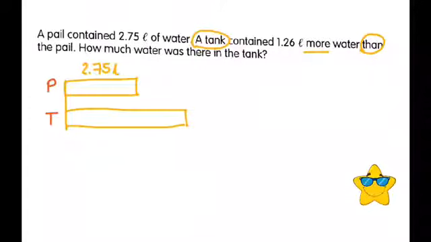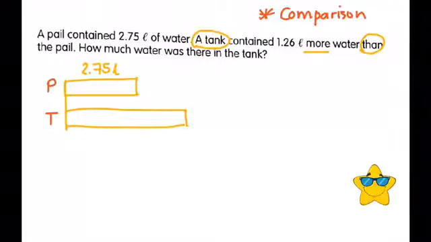We also want to write and label which type of word problem you are working on. For today's discussion, you may want to label it as a comparison word problem or comparing word problem. Now going back to the story, a tank contained 1.26 more water than the pail.